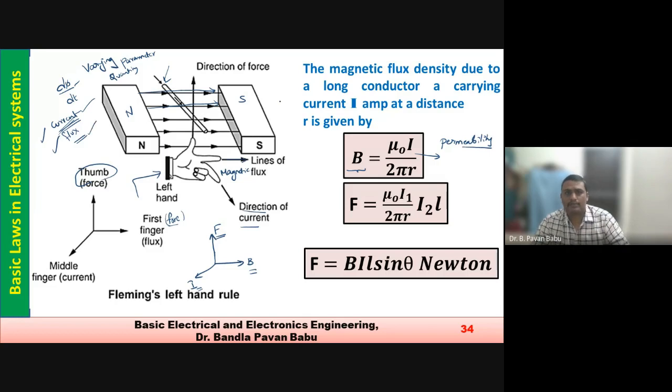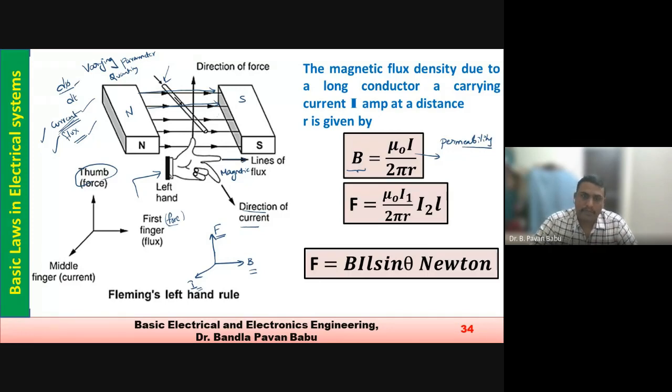Again, let me recall: whenever a current carrying conductor is placed in a magnetic field, a force is developed on the conductor, or a force is induced in the conductor. That rule we use to identify the parameters in the motor.